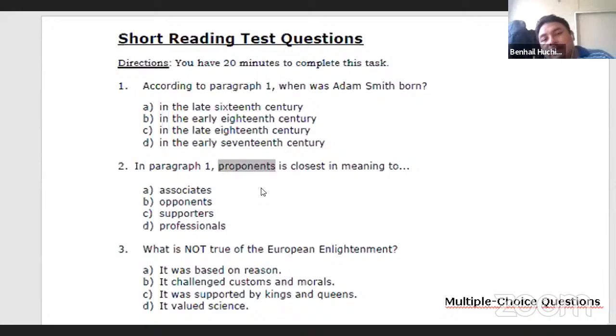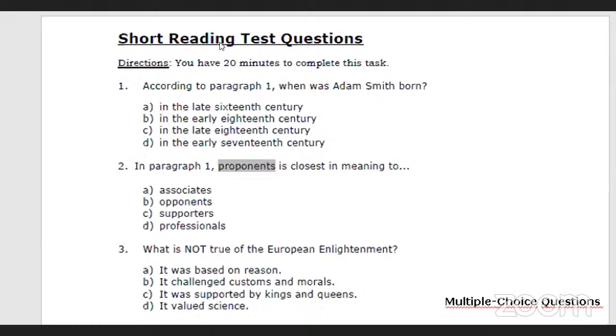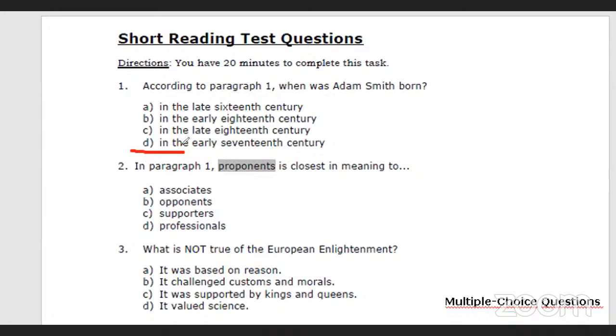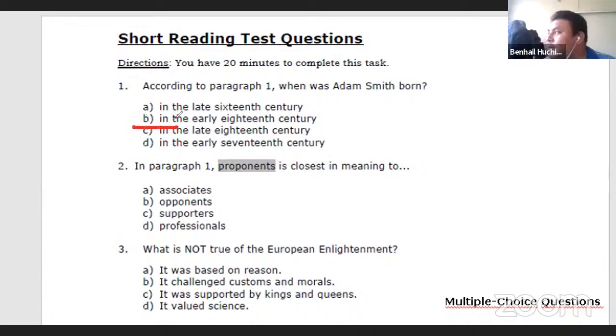In the late 16th century, D, in the early 17th century. Oh, no. In the early 18th. B, early 18th. B. Do you agree? Yeah, I agree.